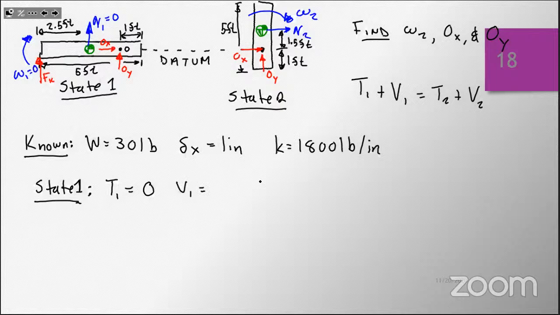We're measuring the distance of the center of gravity to the datum. Center of gravity is in line with our datum, so there's no gravitational potential, because it's at the line that we're starting our measuring from. Datum is a fancy way of saying this is my 0 line. I'm measuring everything from there. If you're there, then you're 0.